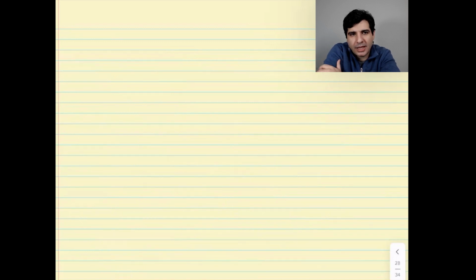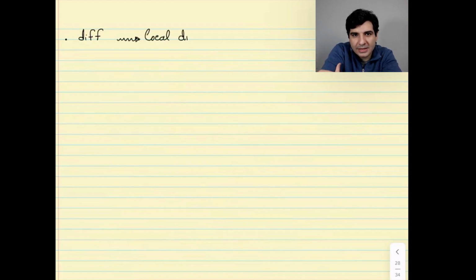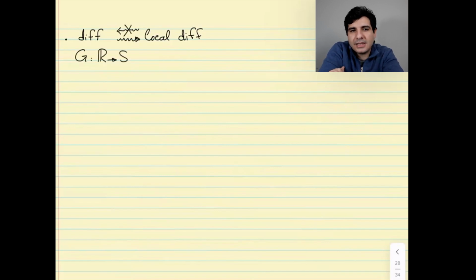So it's good to note that if a map is a diffeomorphism, it must be a local diffeomorphism too. So diffeomorphism implies local diffeomorphism. The converse is not correct. You can have a map which is a local diffeomorphism at every point, but it's not a diffeomorphism. A simple example would be a map G from R to S1, a circle, where G of t is defined to be e to the i t.